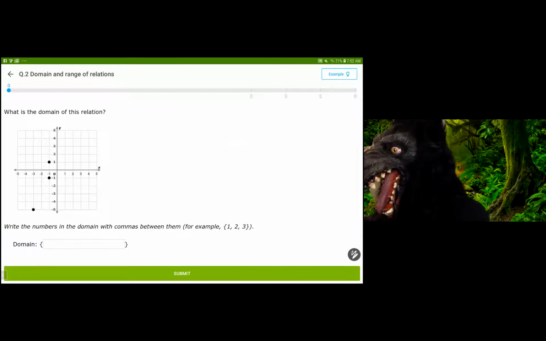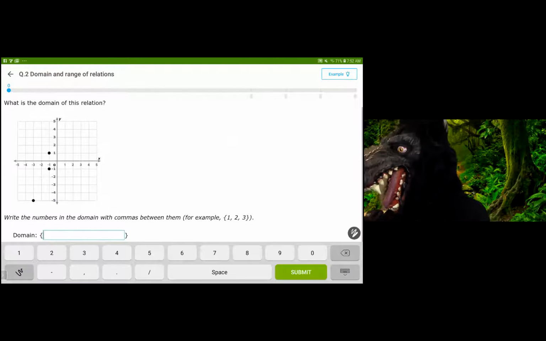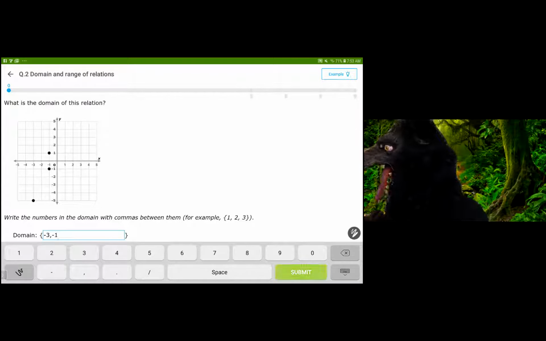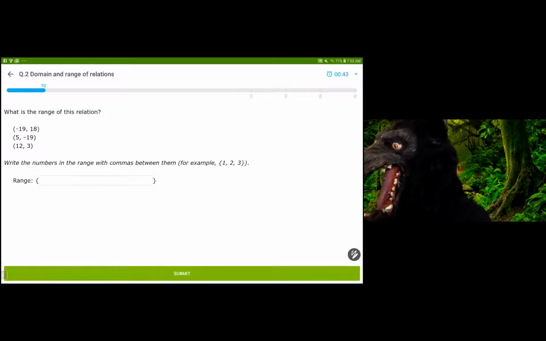I've got a -3 that you can see, and I've also got two -1s, which would be a problem for a function, but for a relation, it's not a problem. So it looks like I've got -3, -3, and -1 for my domain. I had to put the commas in as well.